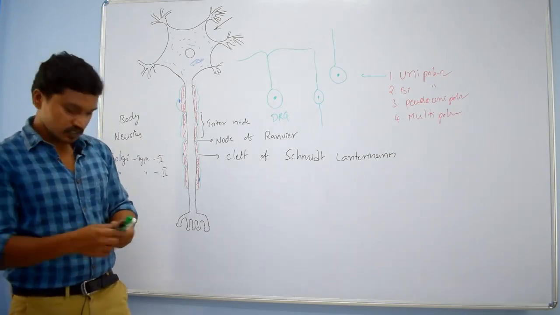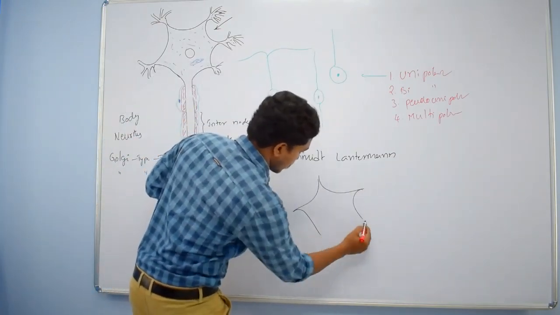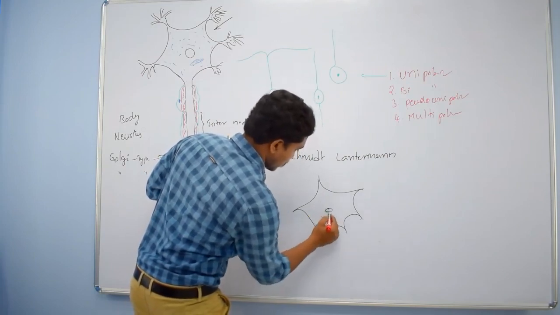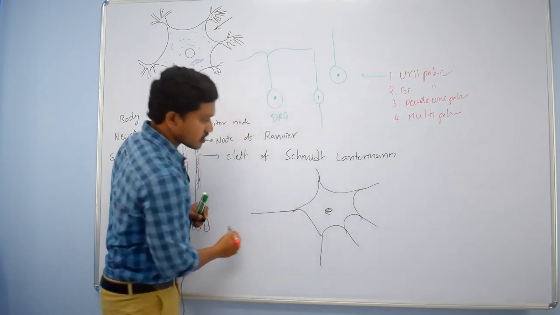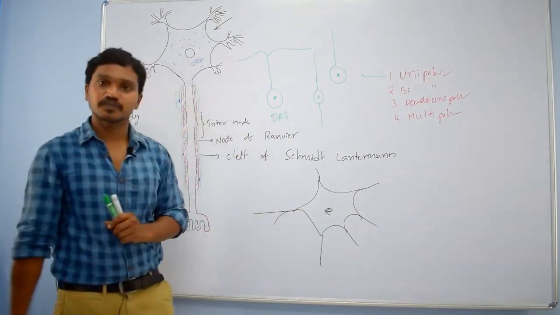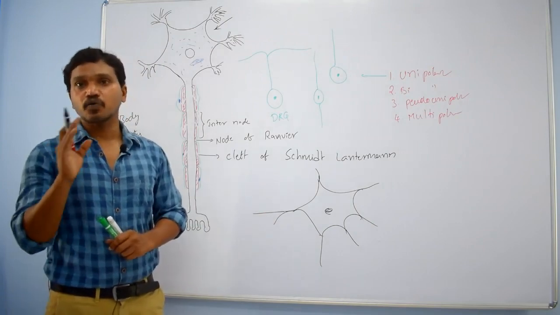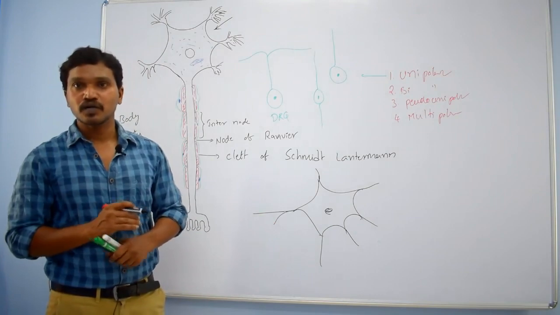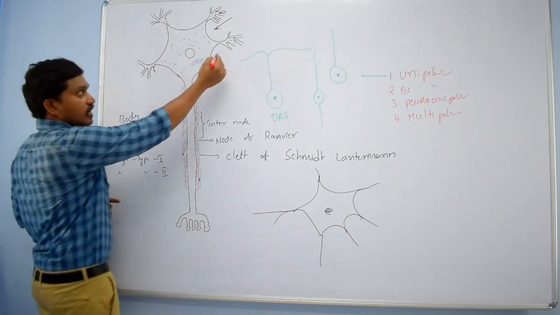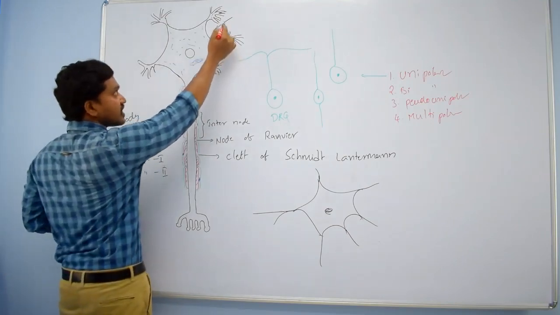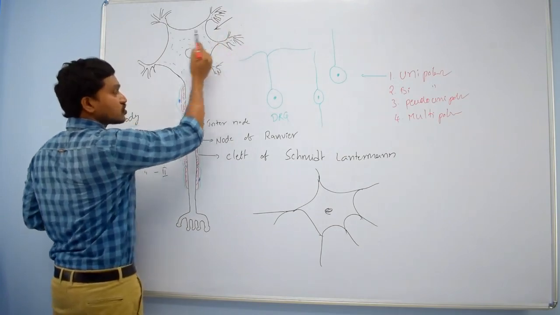Just take a diagram of it. See, this is a Golgi type 2 neuron. It has the processes either a short axon or absence of axon. In this type of cells, there will be dynamic polarity. Dynamic polarity means what? If you take the typical neuron, the dendrites carry impulses from the periphery towards the cell body.